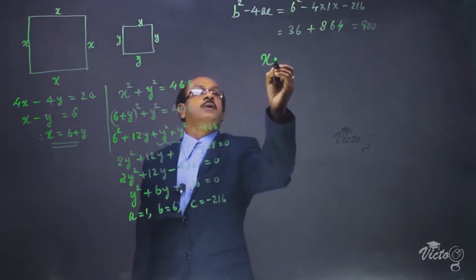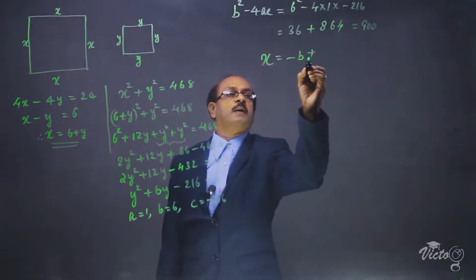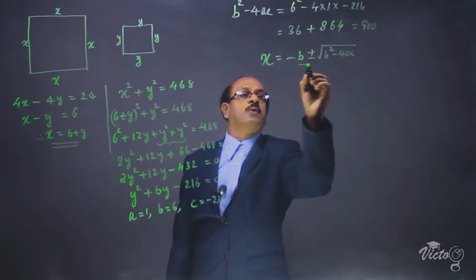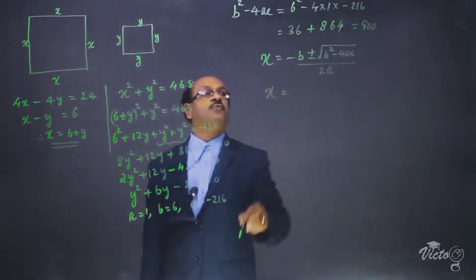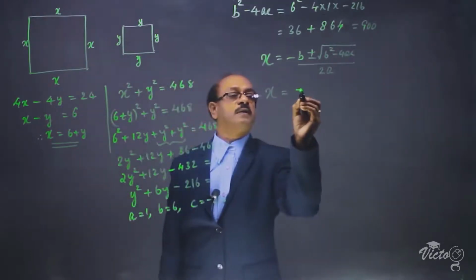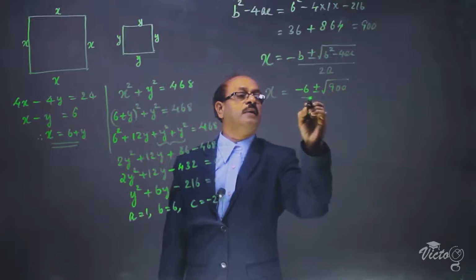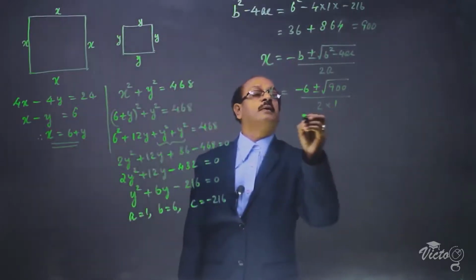Now, quadratic formula: x is equal to minus b plus or minus root of b square minus 4ac, the whole divided by 2a. X is equal to, the value of b here is 6. Therefore, minus b is equal to minus 6 plus or minus root of 900 divided by 2 into the value of a is equal to 1.